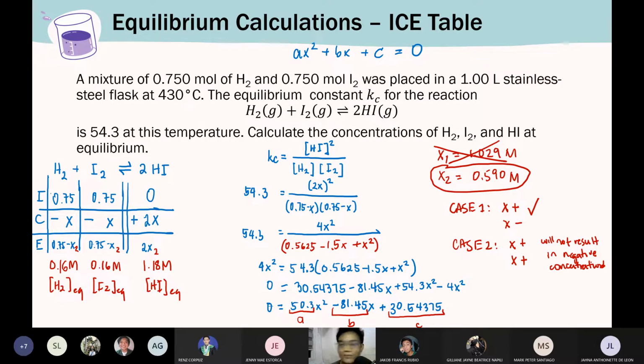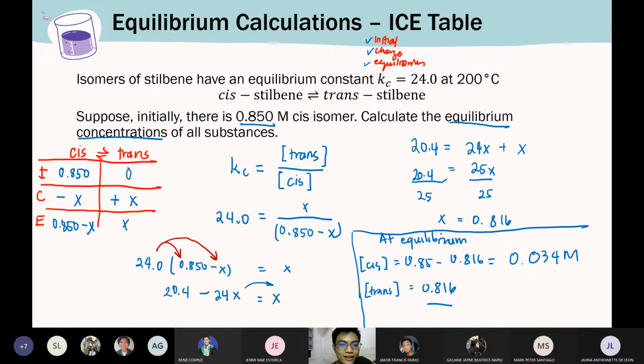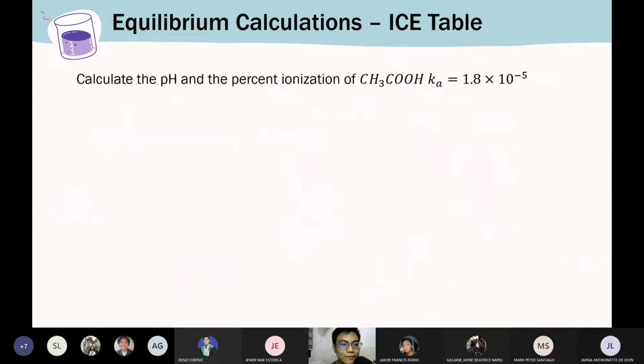Pero meron kaming mga terms sa classroom namin na kami-kami lang nakakaalam. Okay? So, ganun lang ka-easy ang calculation. Okay? Ito sa lab to, nakalimutan ko i-delete. Until now, di ko siya dinidelete. Hindi ko alam kung bakit.